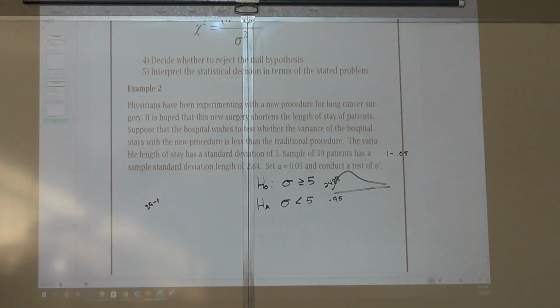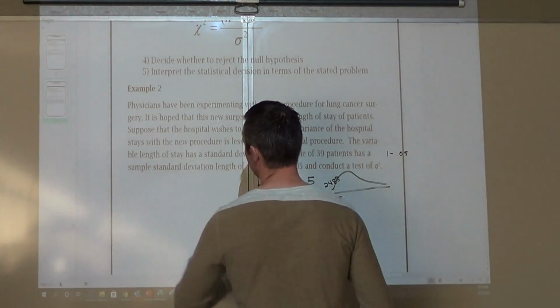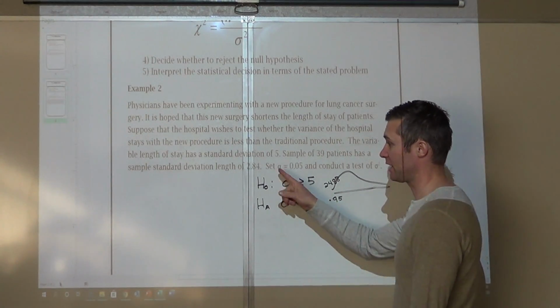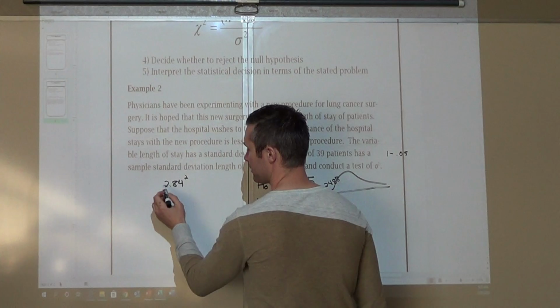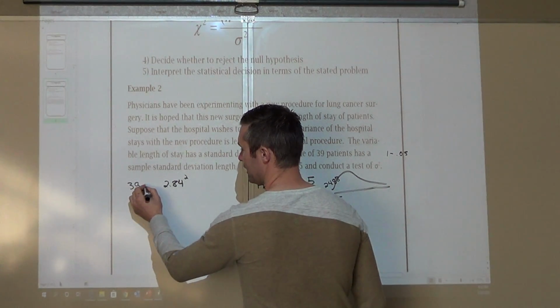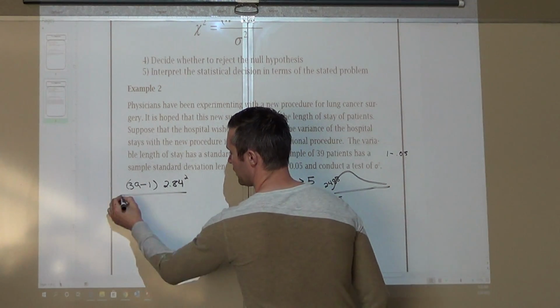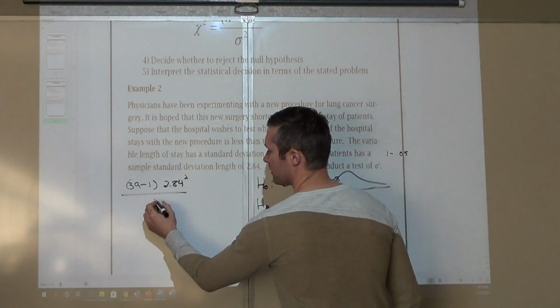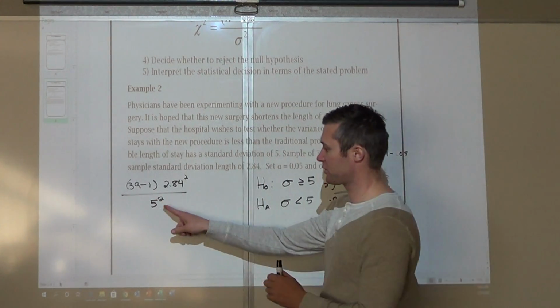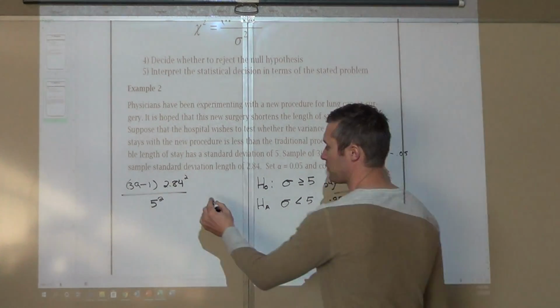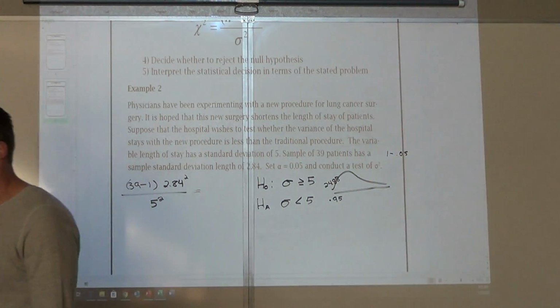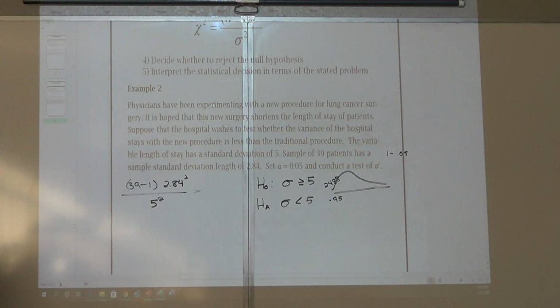Now we're going to do our test statistic. We take our sample size, 39 minus 1, times our sample standard deviation, 2.84 squared, over our population standard deviation squared. Again, we square these two values because they're standard deviations. If they just gave us the variance, then we wouldn't. Then we compute it and we get 12.2.